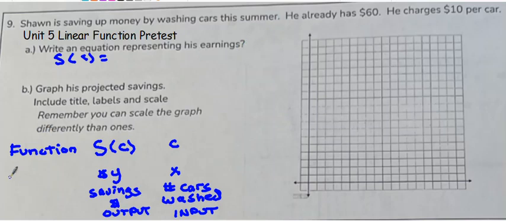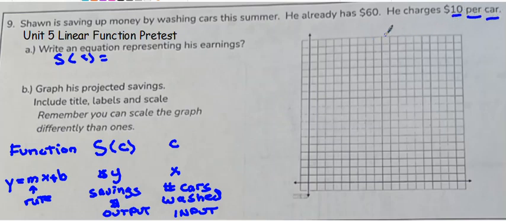So I'm thinking we're going to be following the format of y equals mx plus b. And m is going to be our slope, and it's also the rate. Well, what in this problem is a rate? Right here, we see $10 per car.